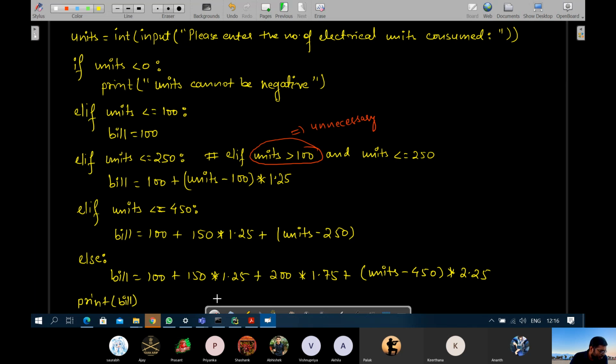ये प्रोग्राम एक बार देखो, तब तक मैं शशांक का देखता हूँ क्या किया है. Calls is less than 100, print amount. If the calls is greater than 100 and less than 250 multiplied by s, कर सकते हो शशांक, but what I will say is you are checking greater than 100 again, फिर greater than 100 and greater than 200 and less than, that is not necessary, because ऊपर वाले conditions fail हो रहे हैं, then only you are coming to elif part.